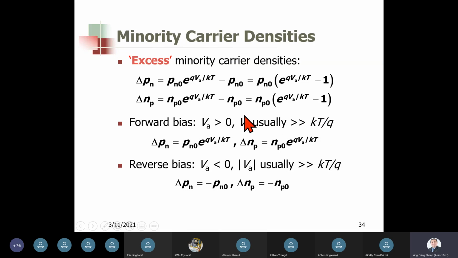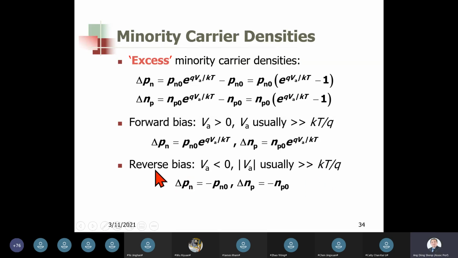So obviously, to forward bias a PN junction, the applied voltage has to be much bigger than just 26 millivolts. Because of this, under forward bias, since VA is positive, the exponential term dominates and the 1 can be neglected. Therefore, we have slightly simpler expressions for delta Pn and delta Np.